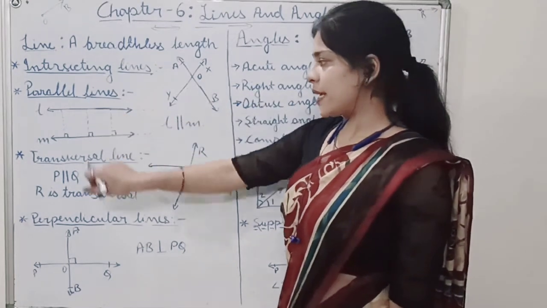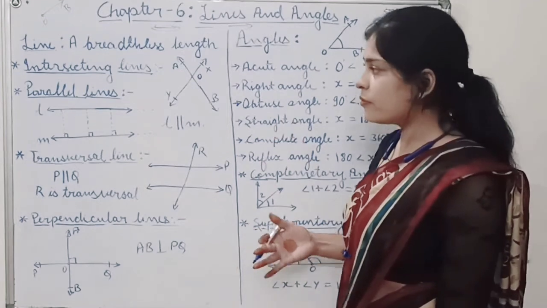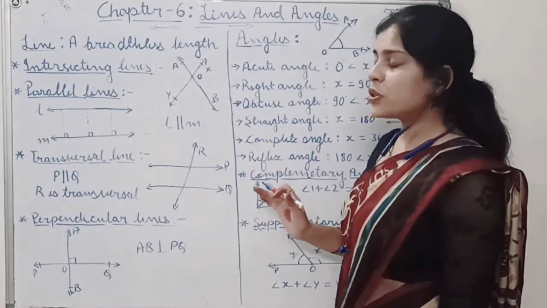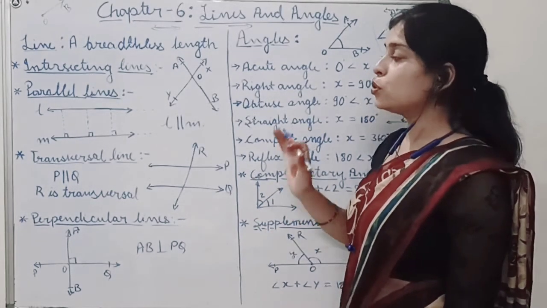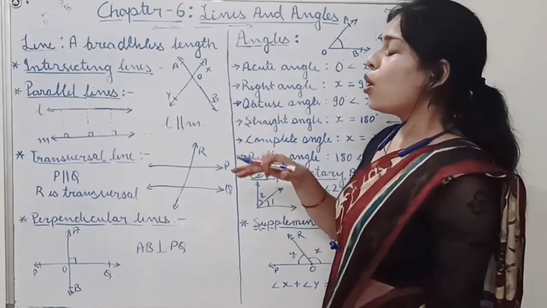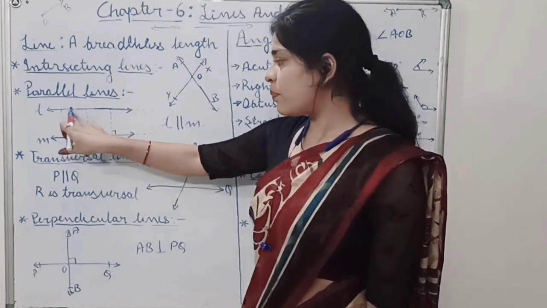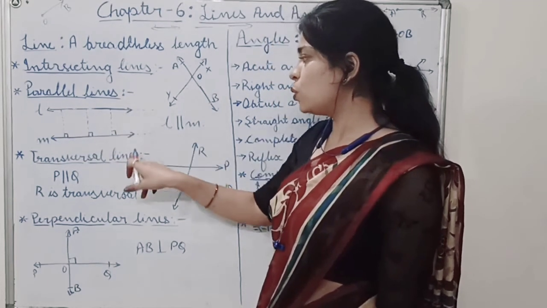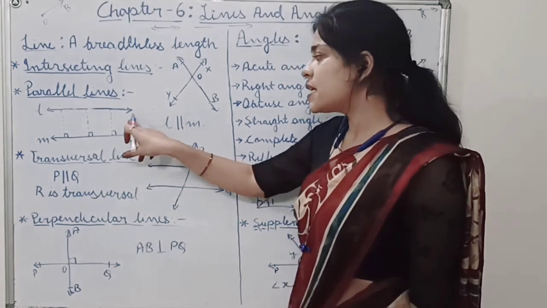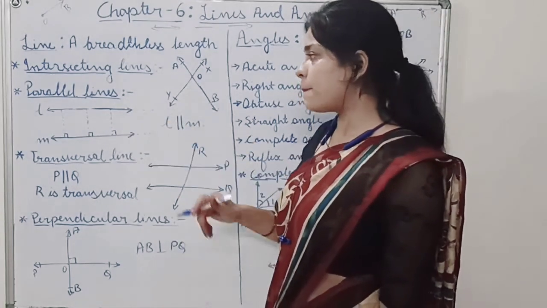The second one is parallel lines. Parallel lines are two or more lines which have equal distance throughout. The lines which are equidistant throughout their length are called parallel lines. Or in other words, if the perpendicular distance between any two lines is the same throughout their length, then the two lines are called parallel lines.